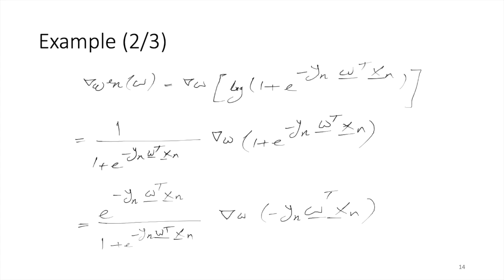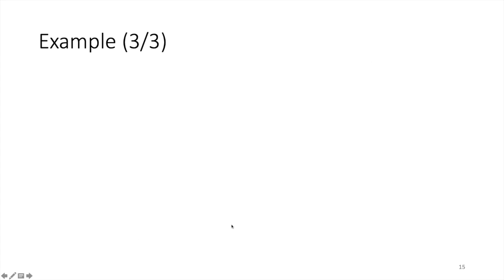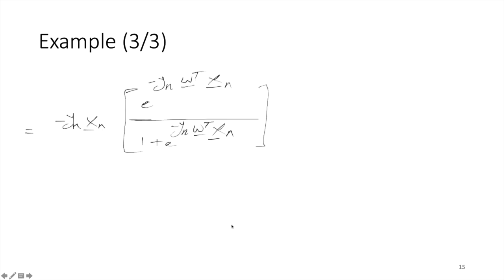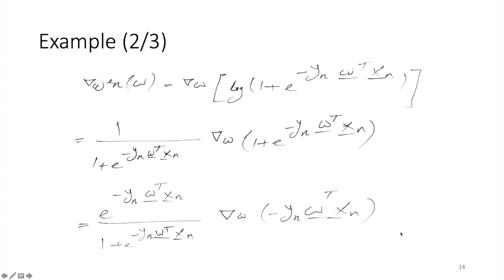So we arrived at this point. Now we need to continue with this. Now we can factor that minus y_n x_n out of the equation, because that was what was coming out of this, right? We are computing the gradient with respect to W, so W is our variable.